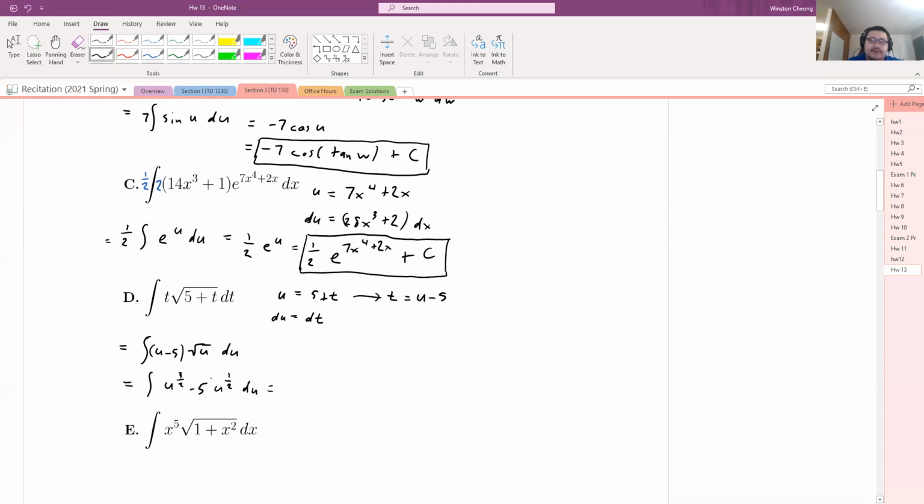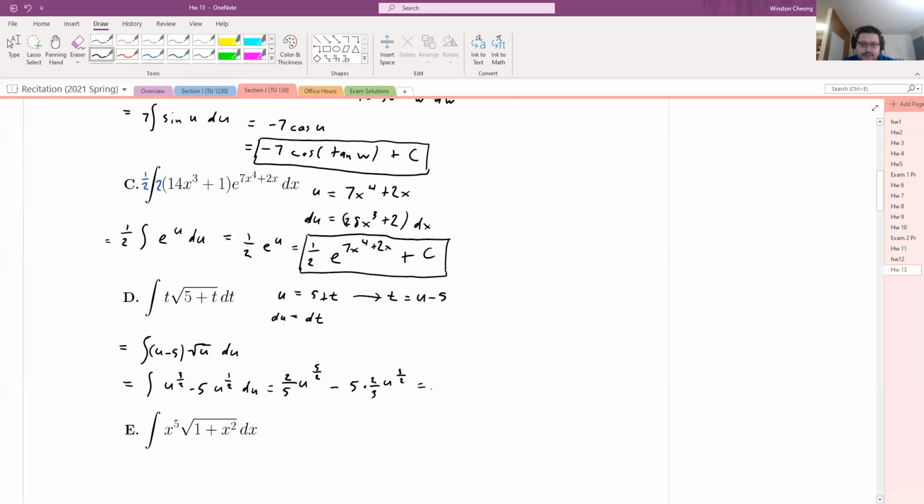And so we can then use the reverse power rule to integrate this. So this is u to the 5/2 times 2/5 minus 5u to the 3/2 times 2/3.